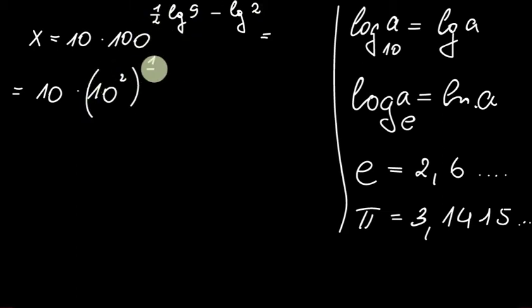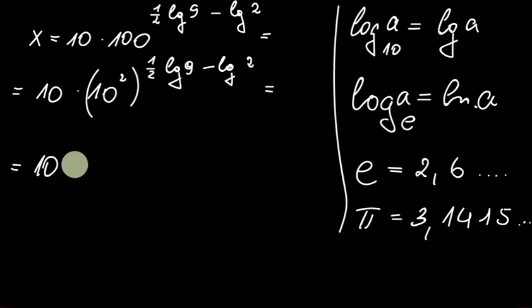Okay, this will give, now we multiply 2 with both with this expression, and we get that 10 times 10 log base 10 of 9 minus 2 log base 10 of 2.